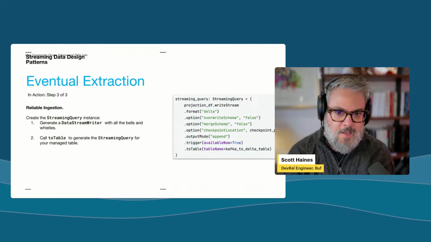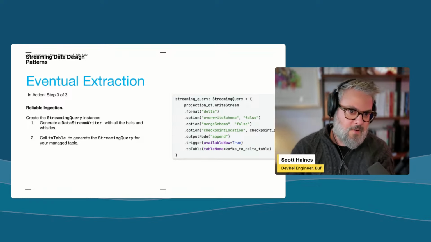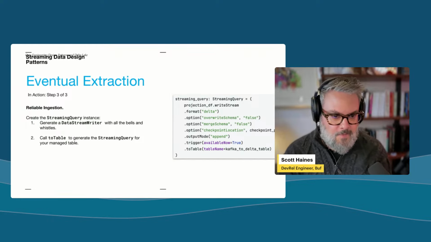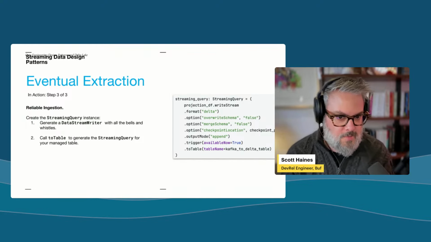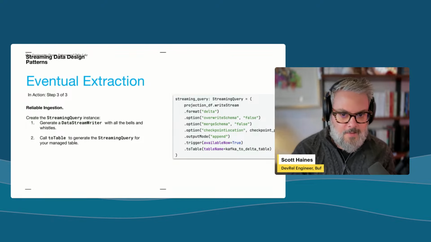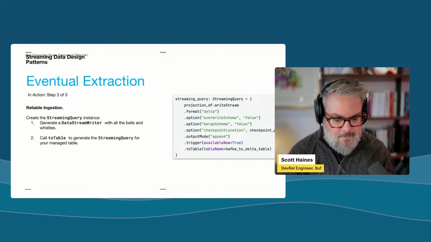So we're going to take our projection, we're going to write it, and we're also turning off overwrite schema and turning off merge schema. We want these things to fail, right? If we're making an adaptive change to our table, and this is also our source of truth to go back to, we want to be very cognizant of how we're changing things. For the most part, we're not doing anything fancy or custom.